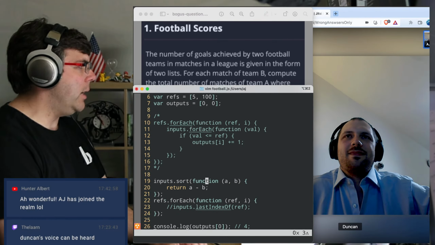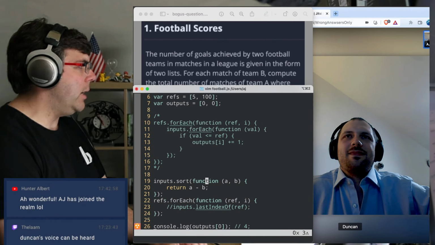The naive implementation was that we run this, we say for each reference value, because our output size is always going to be the same as our reference list size. So for everything in our reference list, what we're doing the comparison against, that's why I call it ref, as in reference.